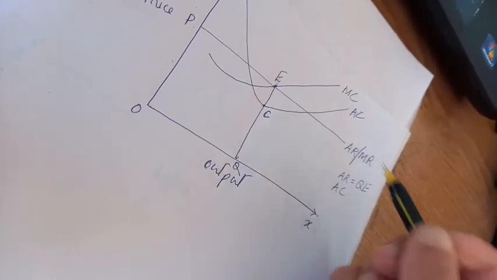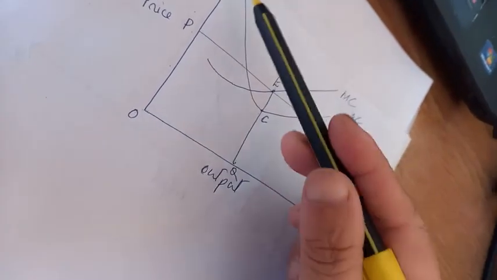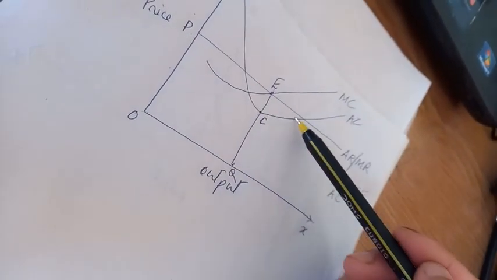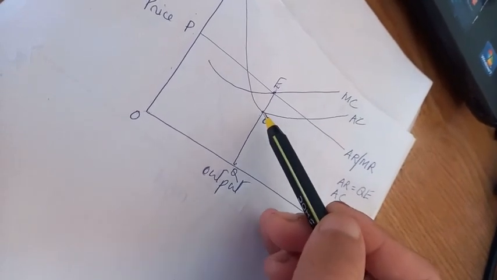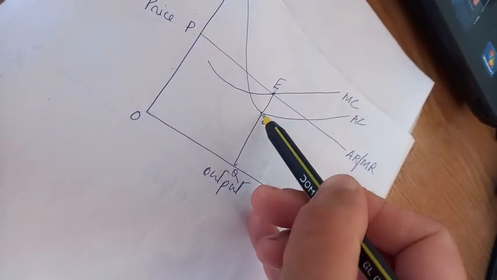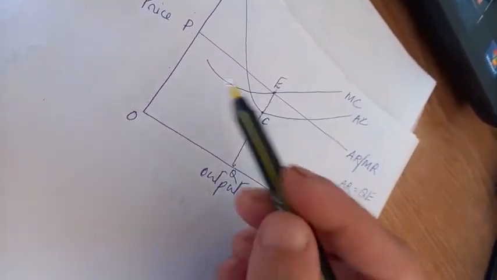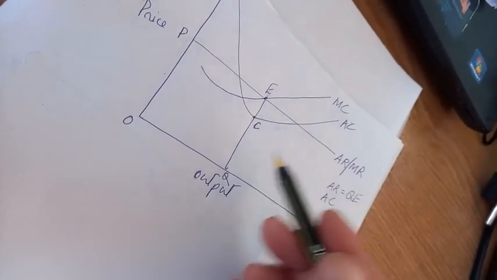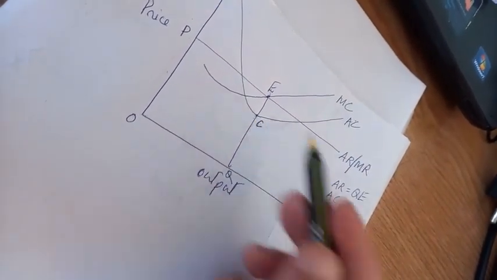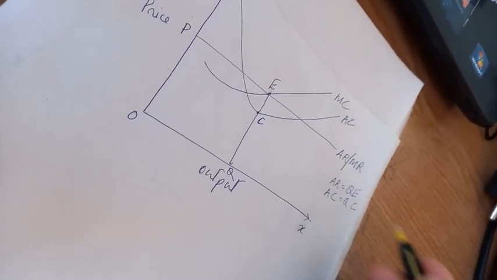However, if we look at AC, how much is the average cost? Let's have a look at the average cost curve. This average cost curve passes through point C. So it gives us OP or QE as the price or the AR, and QC as the average cost.